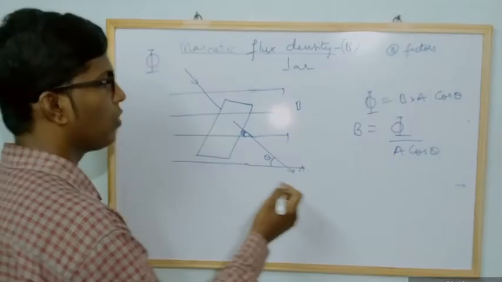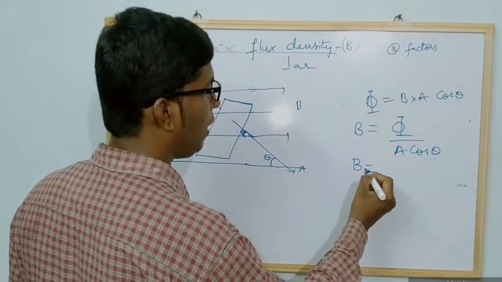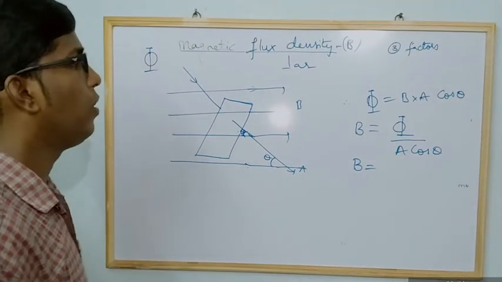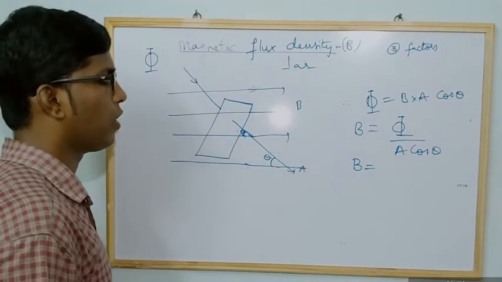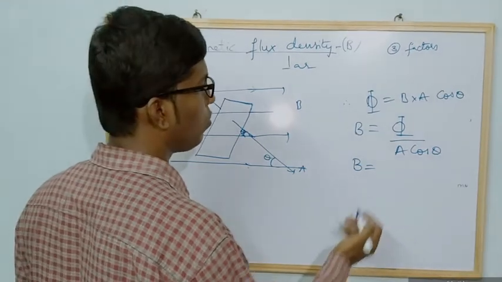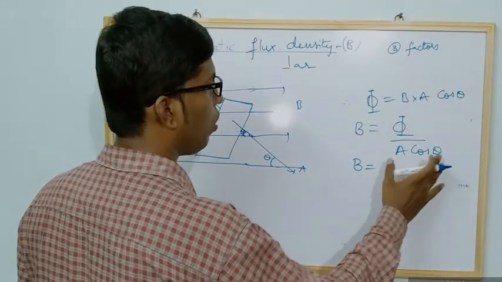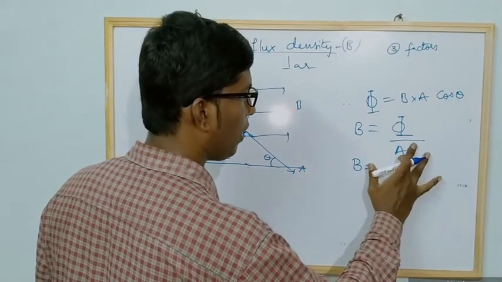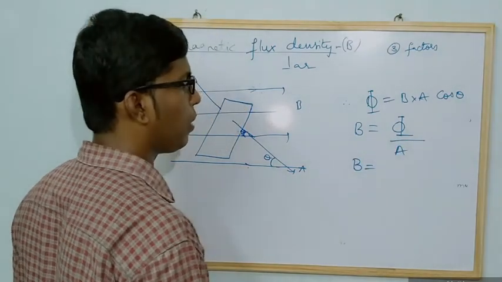So if it is parallel, flux will be minimum. If it is perpendicular, flux will be maximum. So this is the formula, and cos theta, if it is perpendicular, I will write like this: B is equal to phi by A.